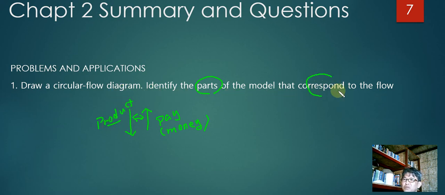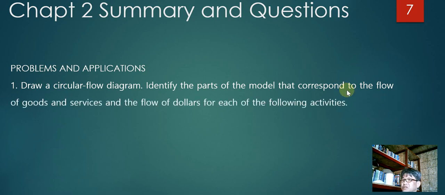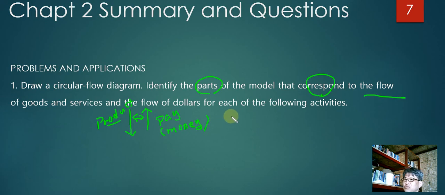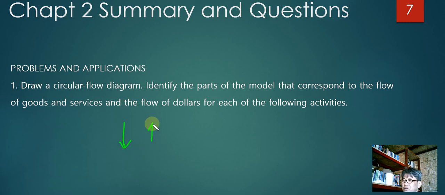This is the flow part. Models correspond to the flow. Number two. Here, some remaining sentences we omitted. Corresponding to the flow of goods and services and the flow of dollars, money, as I told you just now, the flow of money and product move reverse.